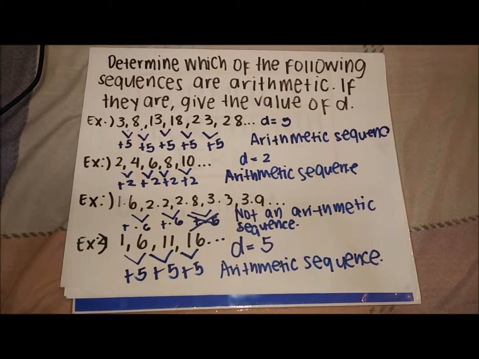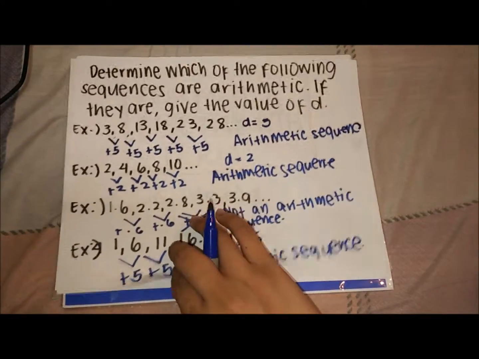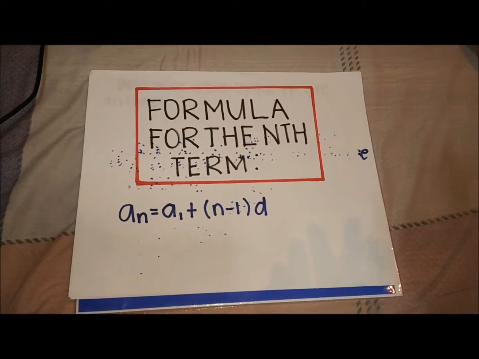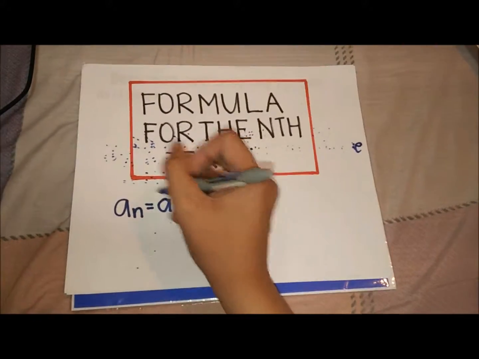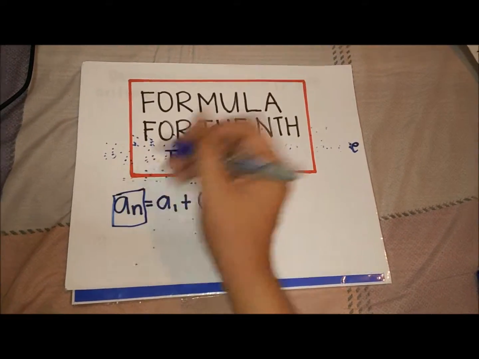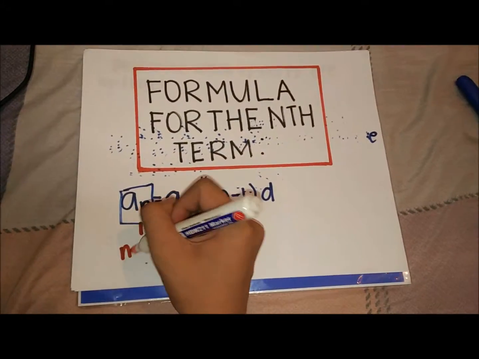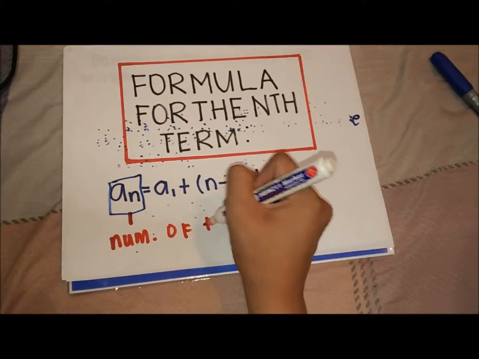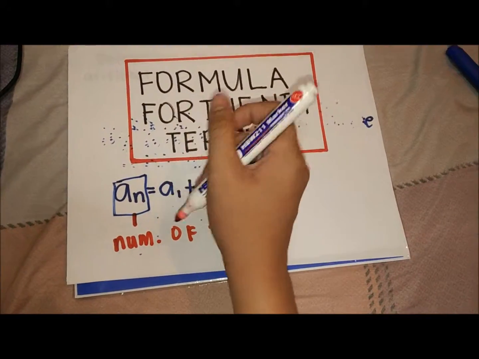Since we all understand what an arithmetic sequence is, let's move to the next level: the formula for the nth term. In this formula, a sub n refers to the nth term.